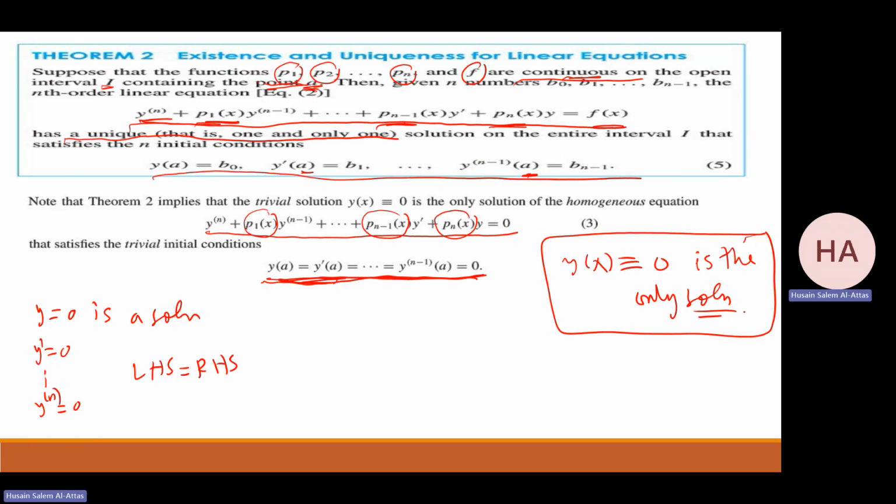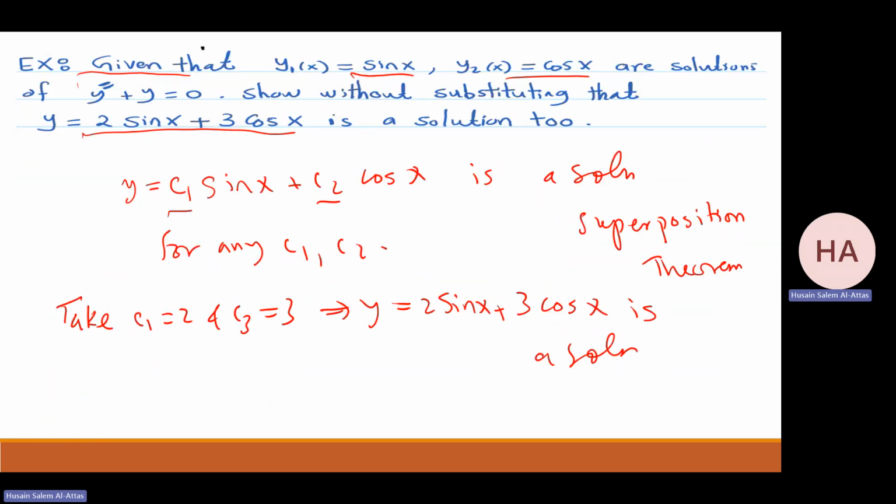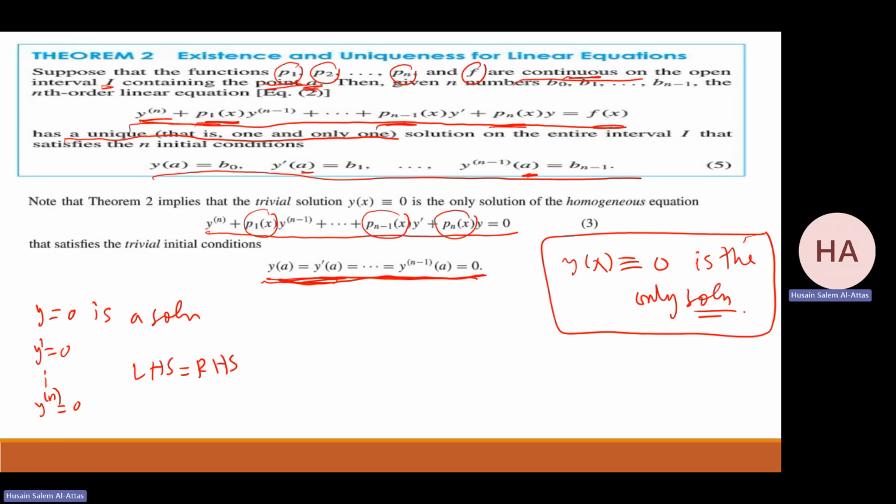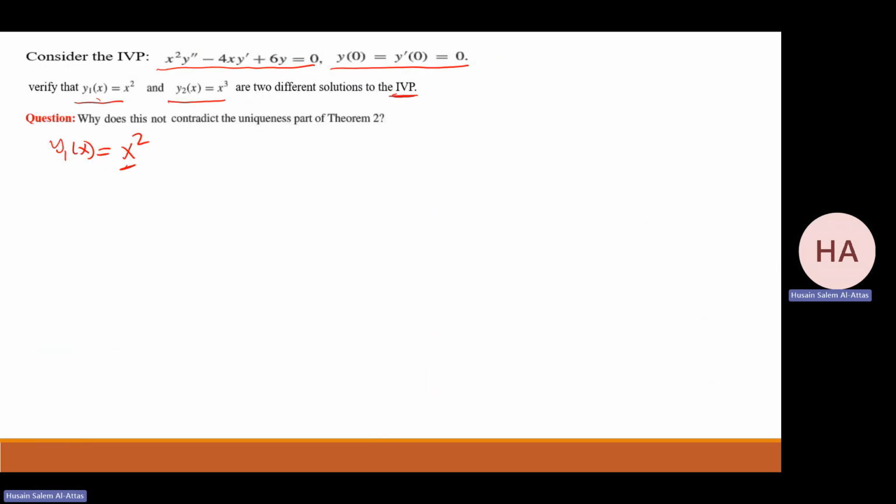As you may know, usually the solution of the differential equation alone has infinitely many solutions, not only one. For example, e to the power x is a solution, and any linear combination is also a solution. Remember when we did the superposition principle. But when you talk about an initial value problem, that makes it a little bit different. I wish it's very clear.